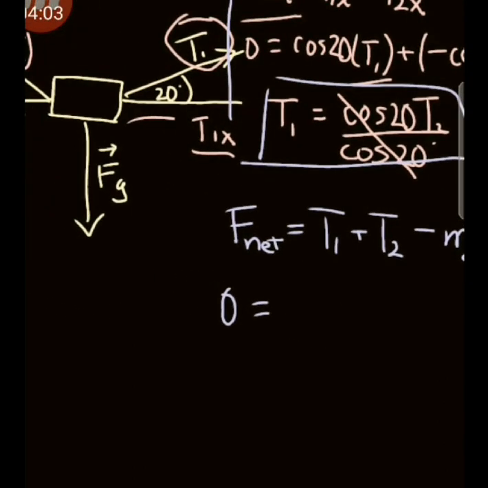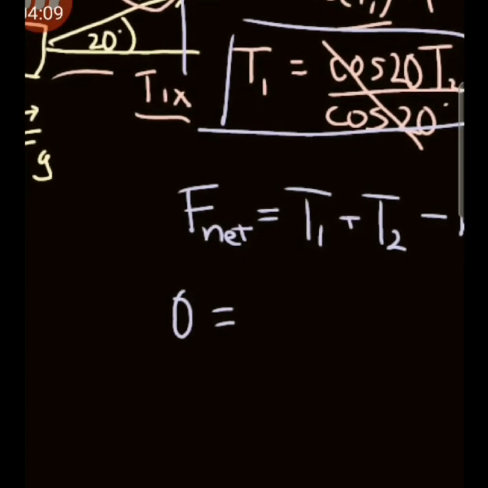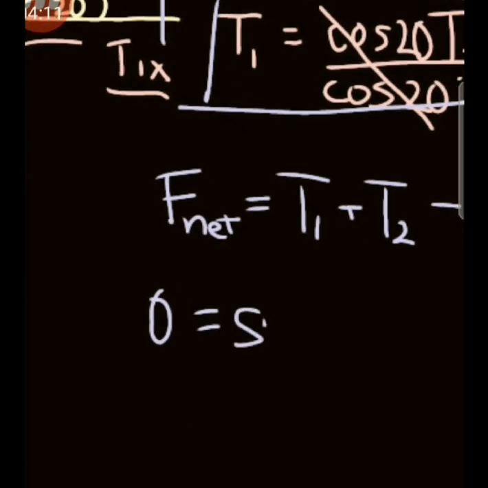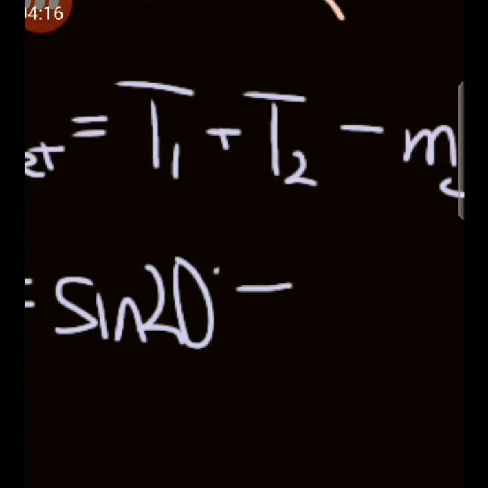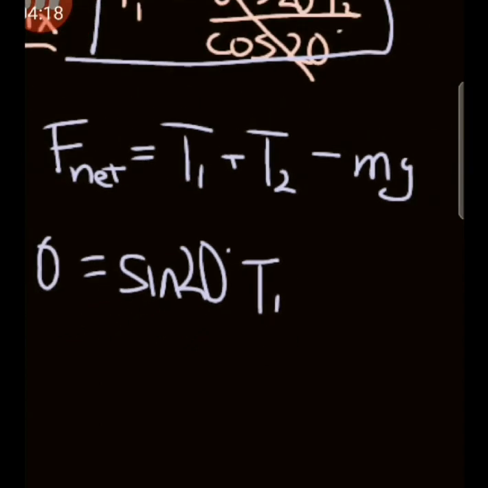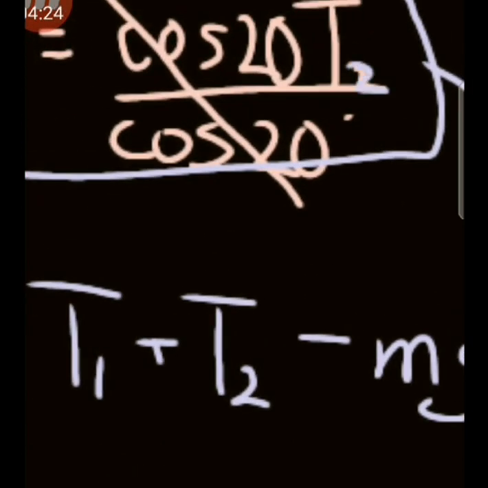Since it's a y component, we're going to use trigonometry to write an expression for it again. Since it's opposite the angle, we will use sine 20 times the hypotenuse, which in the expression is tension 1. So here's where the expression that we got earlier becomes handy. What we got was tension 1 equals tension 2.